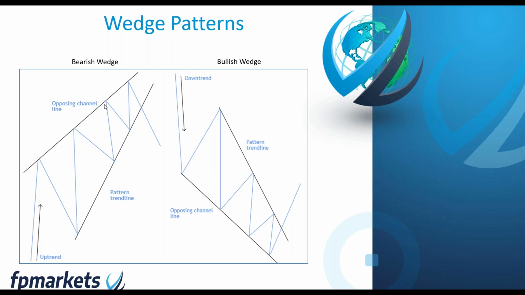This brings me to a vital point: the trend line, the lower ascending line, should always have a steeper slope than the opposing channel line. Otherwise, I do not see how it can be considered a wedge formation.